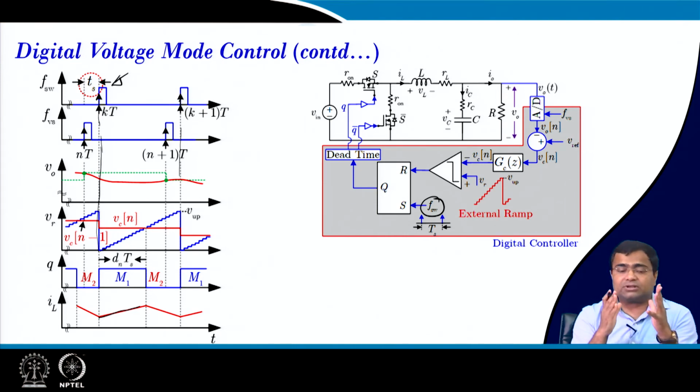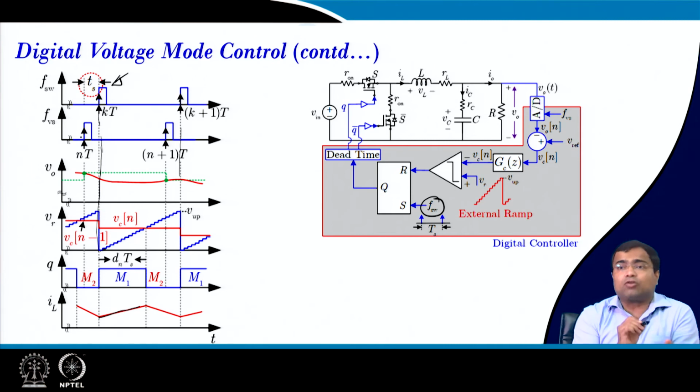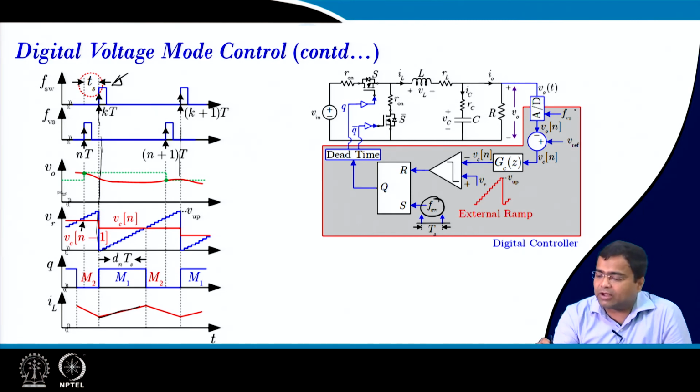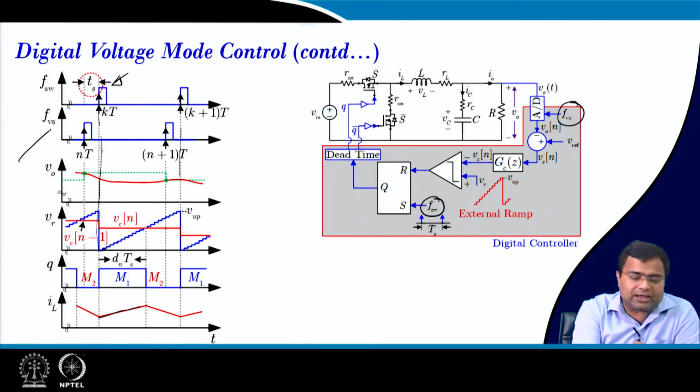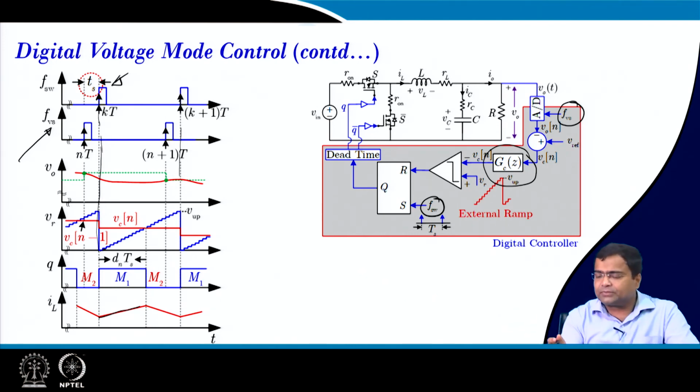But if you look at the sampling clock, which is shown here as FVS, as I said, there has to be a finite time which will accommodate the conversion time of the A to D converter as well as the controller computation, because it will also take some time to compute, because you are using a digital platform.